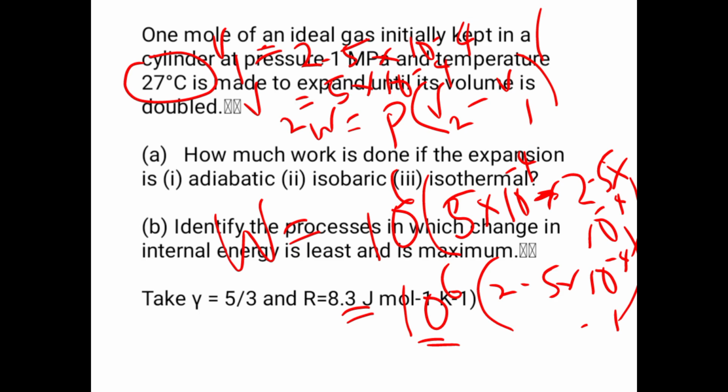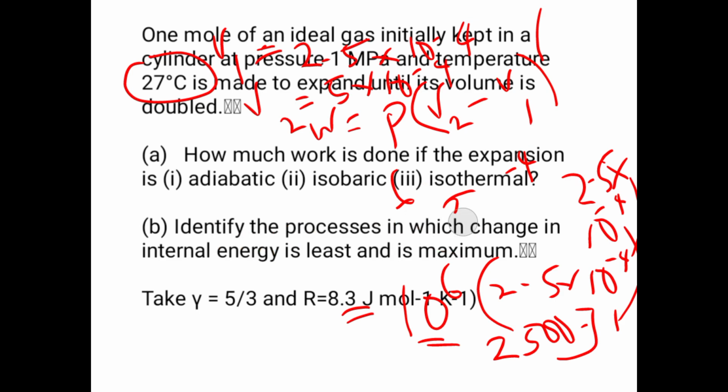And that will give us 2500 joules. That is the work done. And since the condition is isobaric, we need to find the heat. Let's leave that for now.